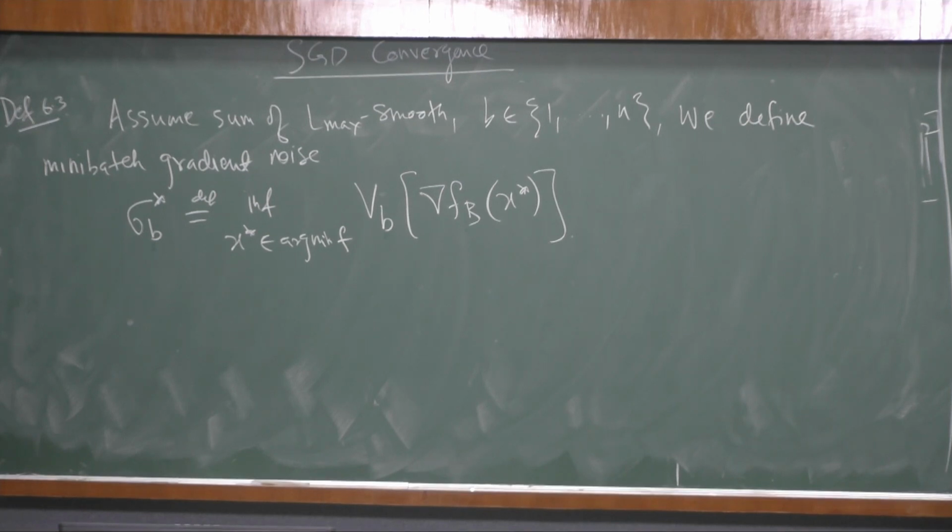Okay, and we can also define in this case L_B smooth, where B stands for this batch size.